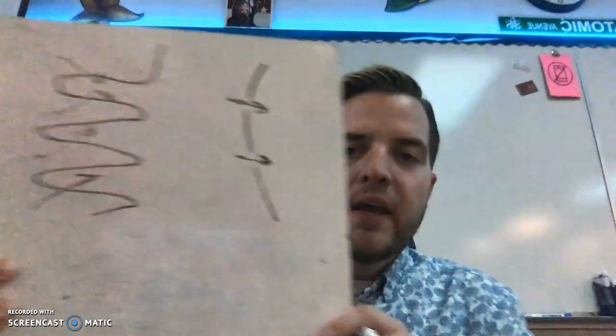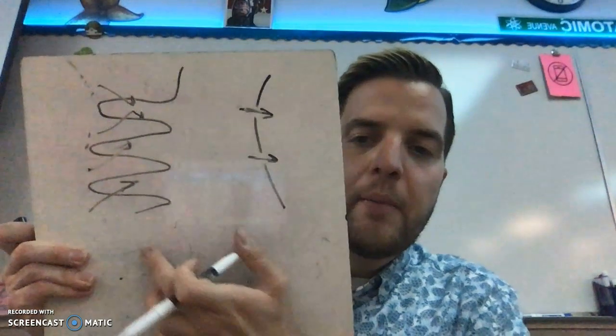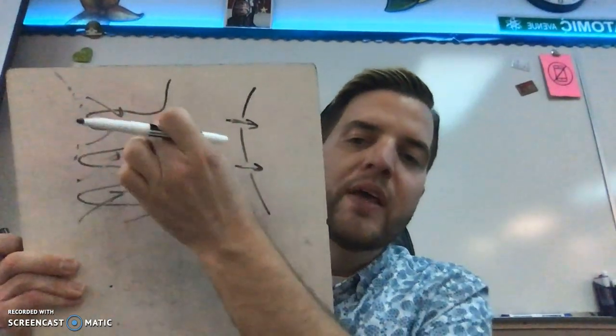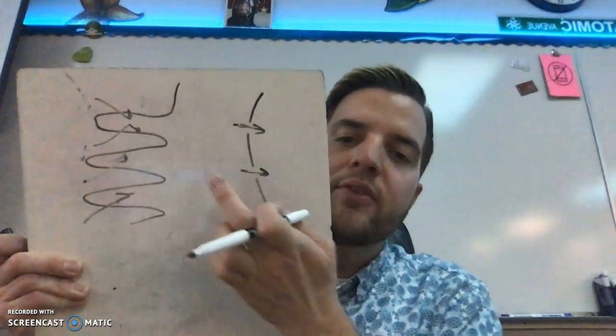In a syconoid sponge, it's essentially more surface area, so water has more ability. These are not arrows, but hopefully you get the idea. It's essentially a similar idea, but with more surface area so that more water has the ability to pass through into these little chambers and then into the overall center chamber of the sponge.